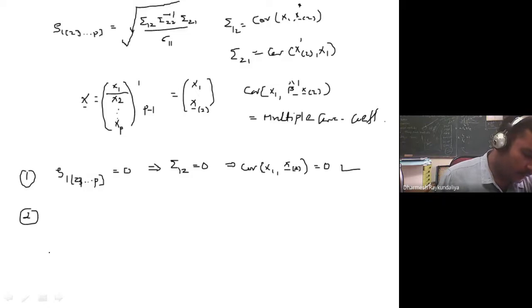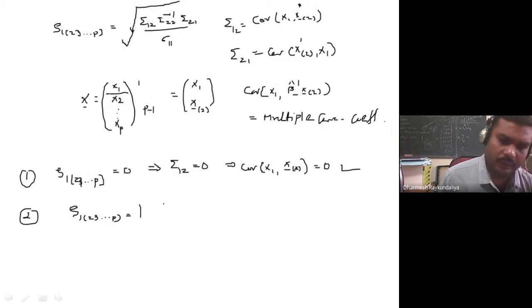Now the second thing is that the multiple correlation coefficient takes the value 1.